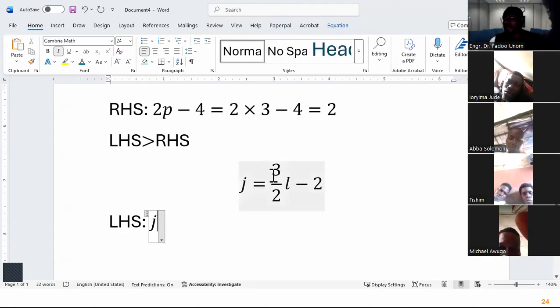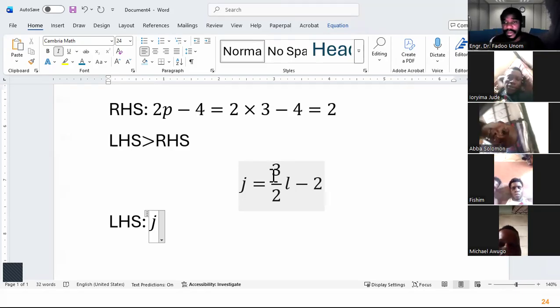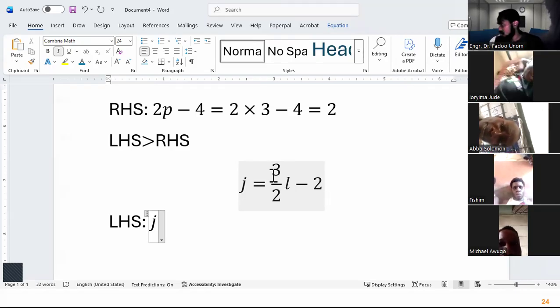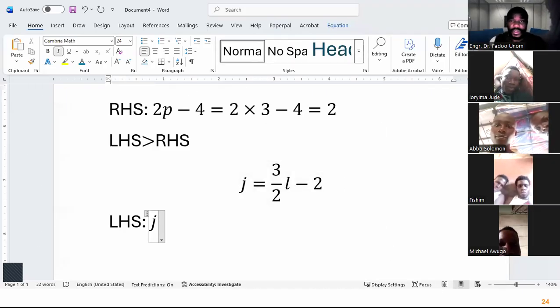Oh my God, power supply has gone. Can you still see my screen? Yes, we can see your screen.